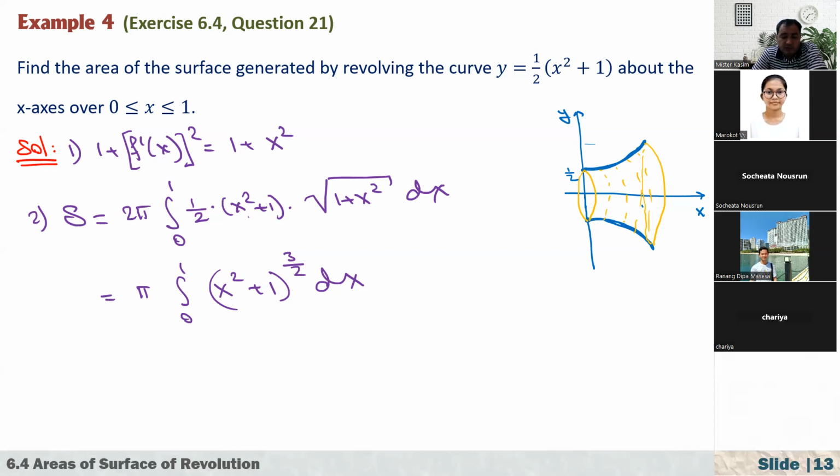Interesting. We need to use trigonometric substitution, but we didn't learn that method yet. So let me check one more time. Our function is 2 pi times f of x, that is x squared plus 1, and the square root of 1 plus f prime of x squared. So f prime is equal to just x, and the square root is 1 plus x squared, dx.